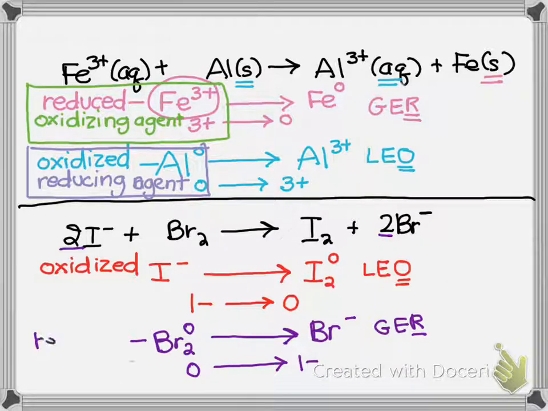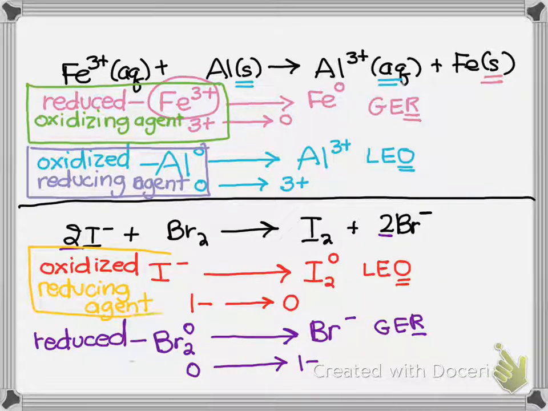Now this is what we expect, because we predicted that the iodide was oxidized, so we would know the bromine had to be reduced. Again, applying the definitions, if you're oxidized, you would be a reducing agent. They go together. The iodide ion is that.